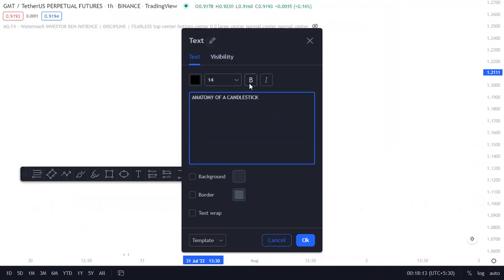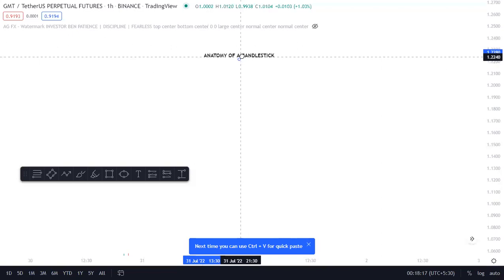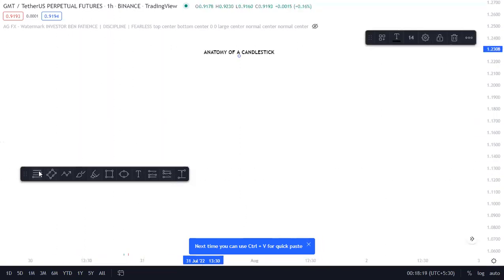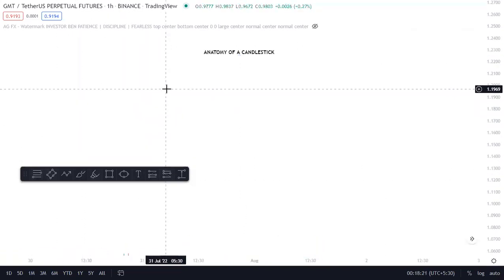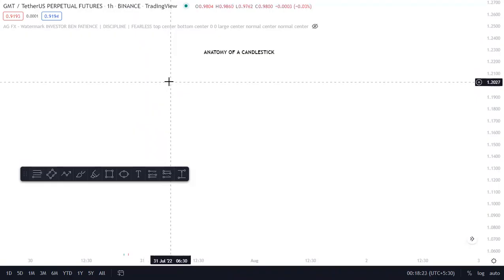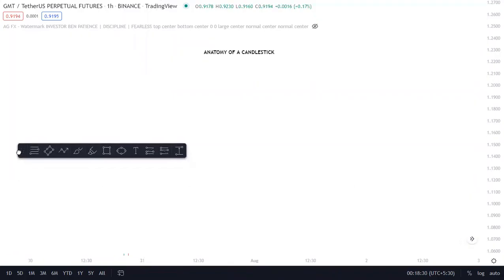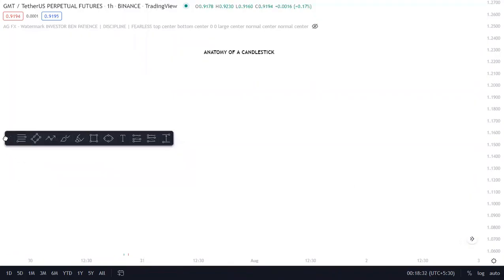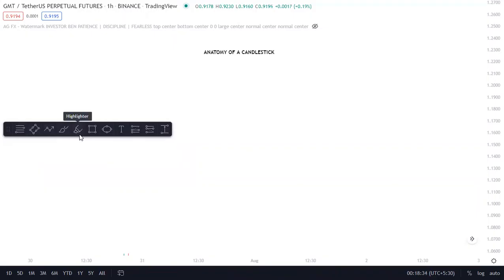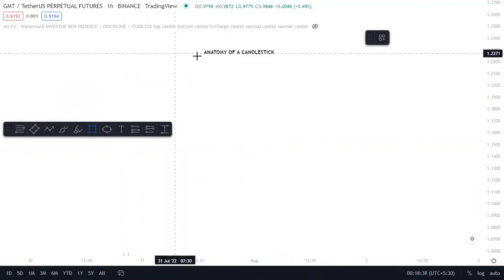Alright, so let's get started with this. Anatomy of a candlestick. The candlesticks we see represent orders. When you look at your Binance, at the orders flowing there, all those orders are being represented in what we know as the candlesticks.